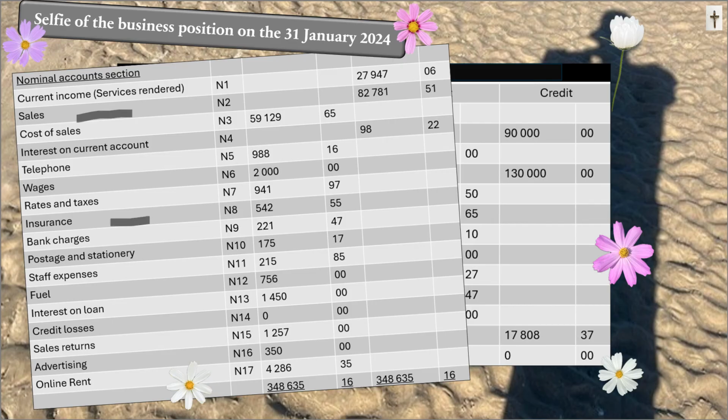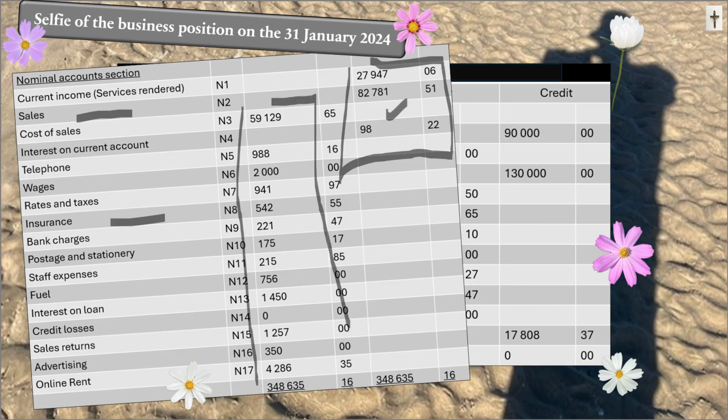Income and expenses. Just for interest's sake, at the end of January, if I added up all my income and subtracted all my expenses, you could determine the profit or loss as at the 31st of January 2024.